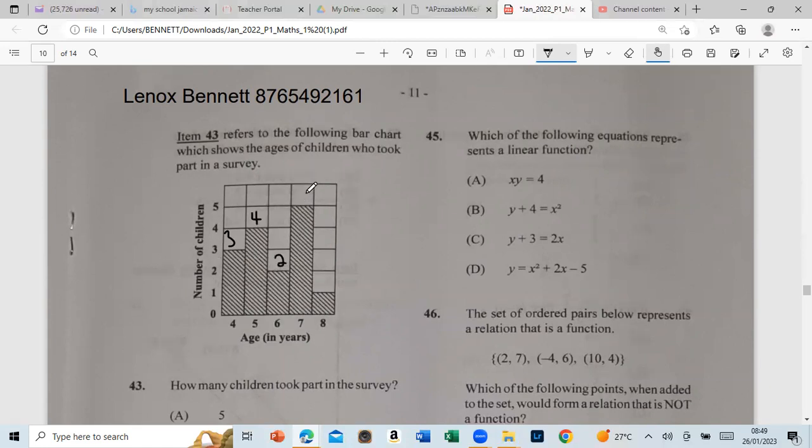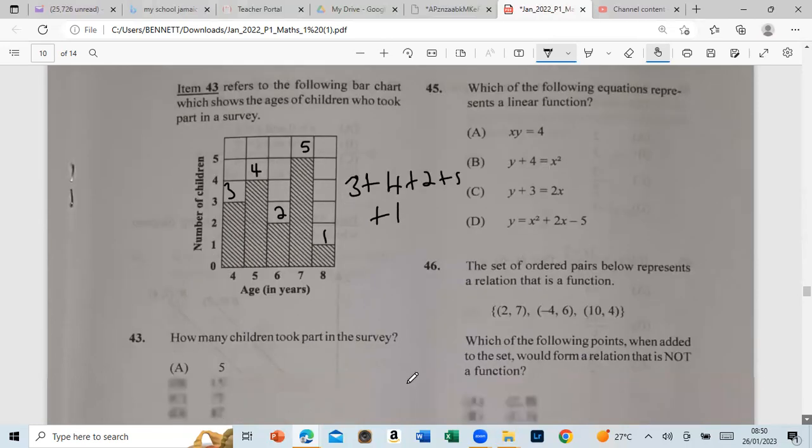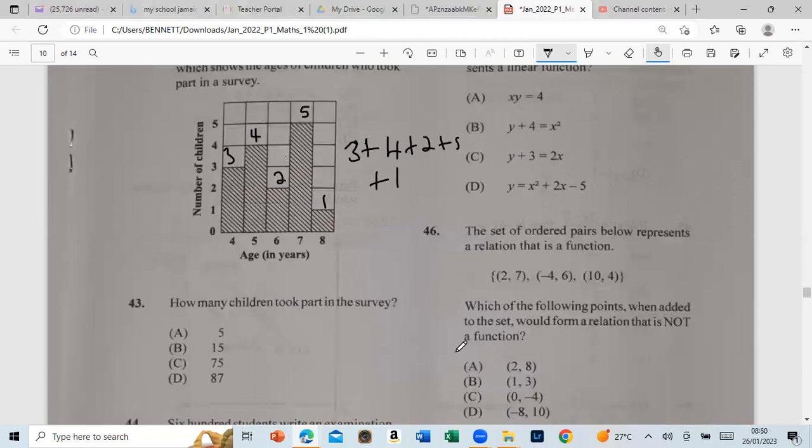So the bar goes up to 5, and this is 1. So add these: 3 plus 4 plus 2 plus 5 plus 1. So 3, 4, 7, 9, 14, 15. So it's 15 children in the survey. So that would be B.